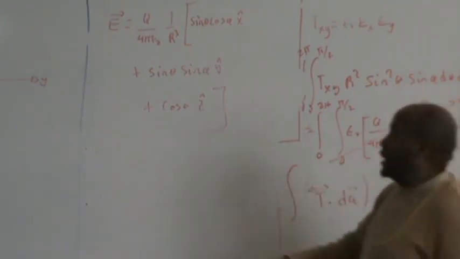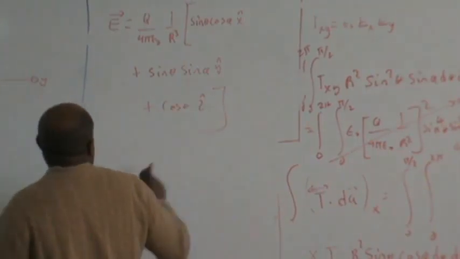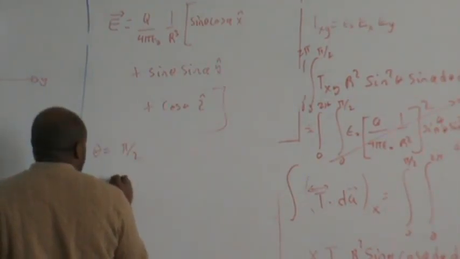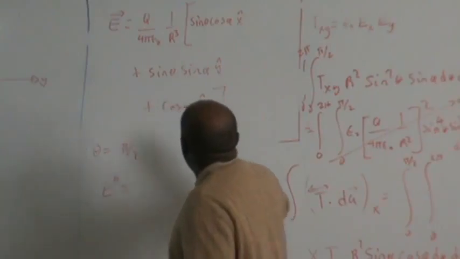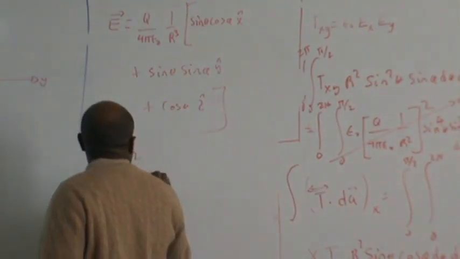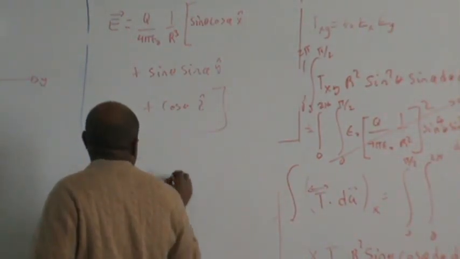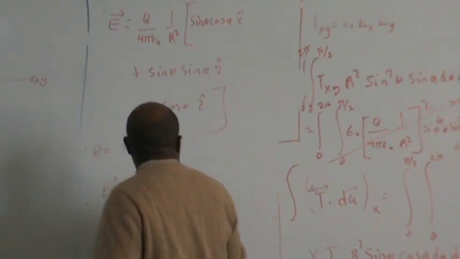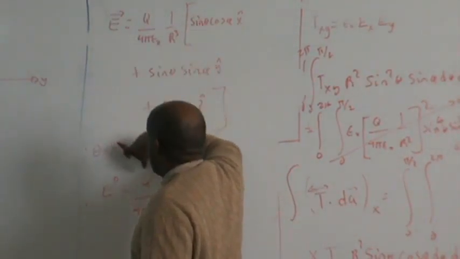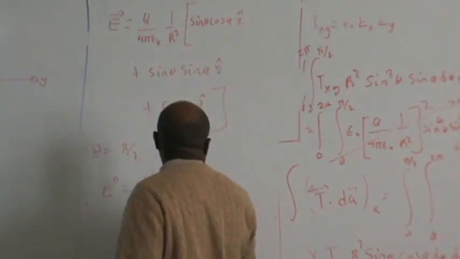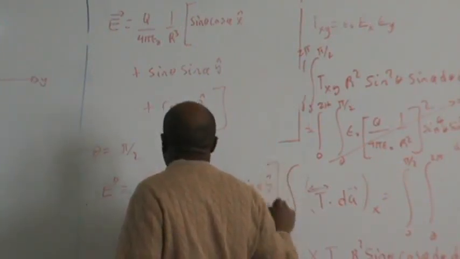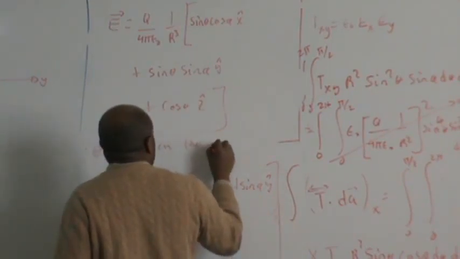Yes, since we are evaluating on this surface, theta equals pi over 2, and that would give you components for the electric field that are along x and y only. So that would give Q over 4 pi epsilon naught, 1 over r squared, and sine of pi over 2 is 1. So you have cosine phi x hat plus sine phi y hat. This is on the plane surface.